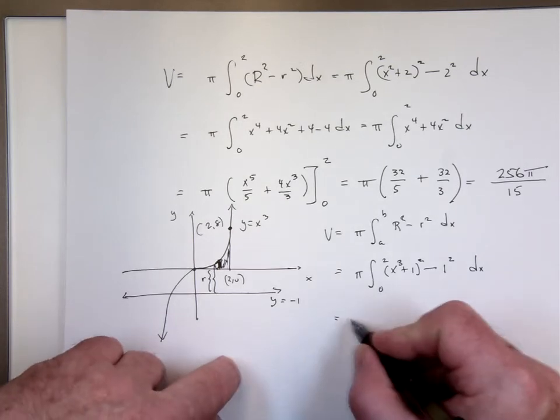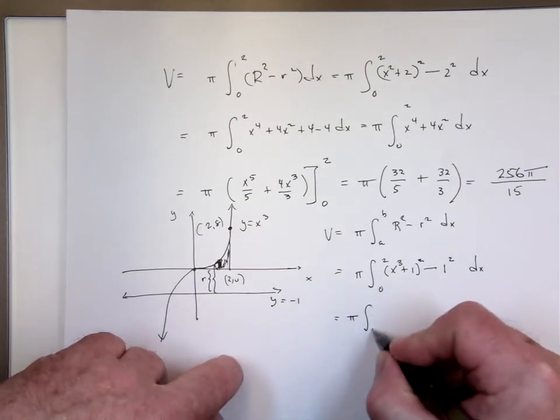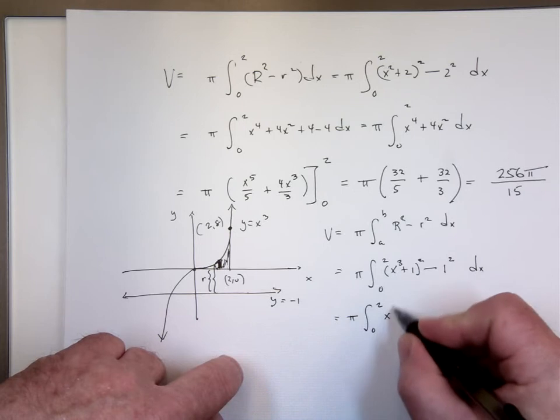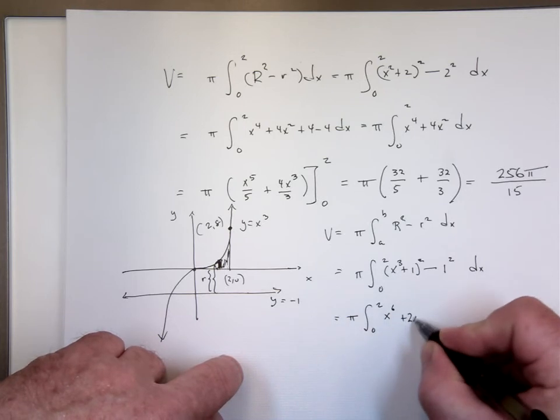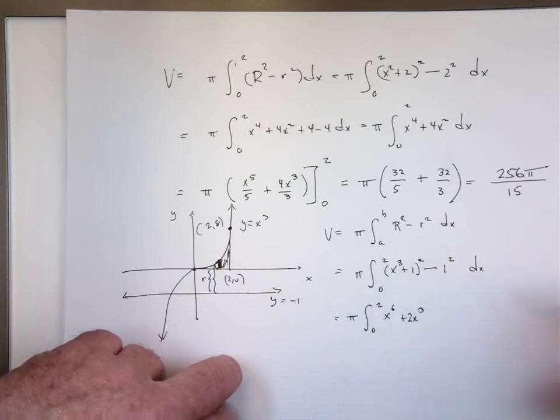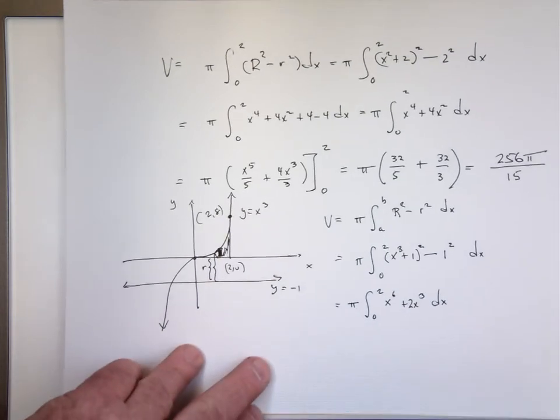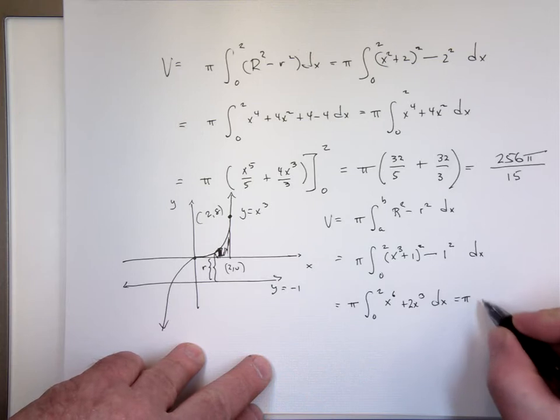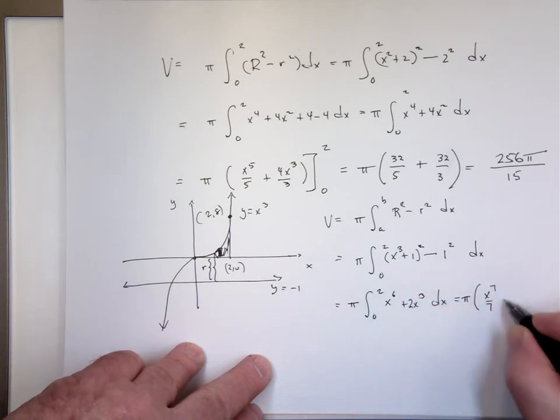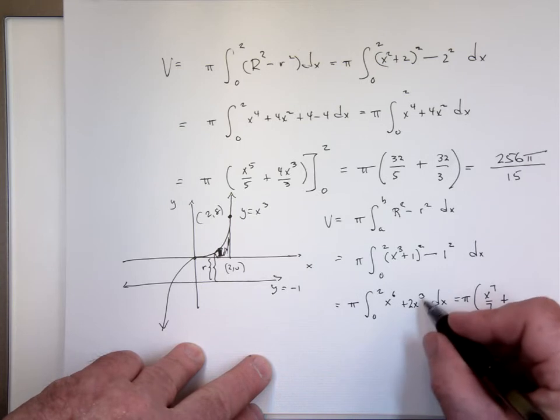Multiply it out. X to the 6th plus 2x cubed plus 1 minus 1. Okay? Those cancel. Integrate it. X to the 7th over 7 plus 2x to the 4th over 4. It's over 2 then, okay?